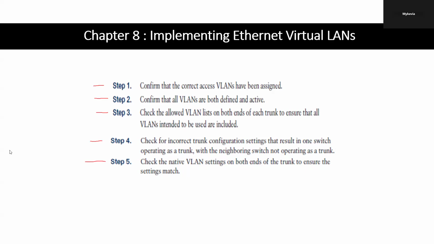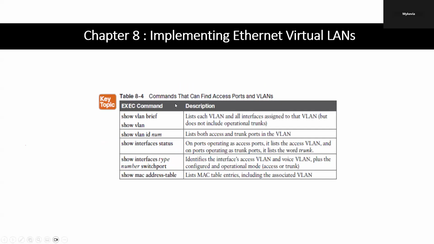Let's move forward, and we're going to touch on a few of these steps. First things first, here are some verification commands. Let me get my handy dandy pencil. We have show vlan brief, or just show vlan.